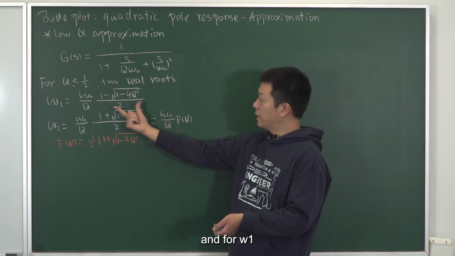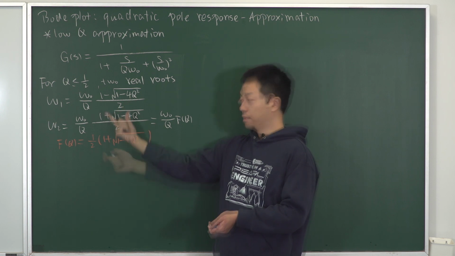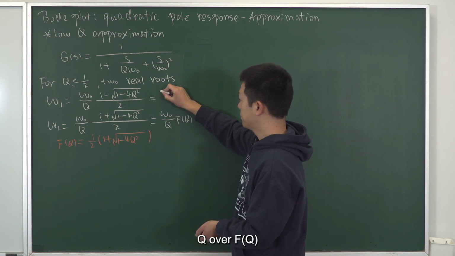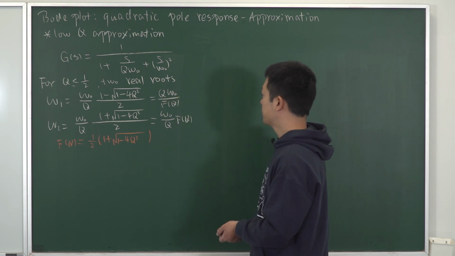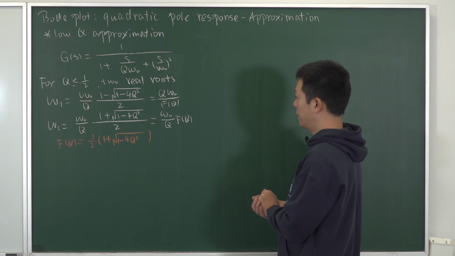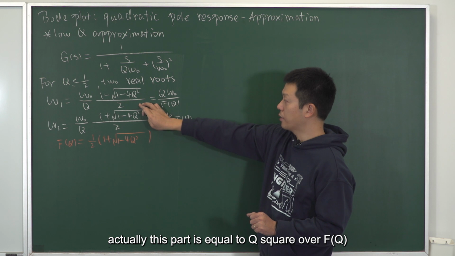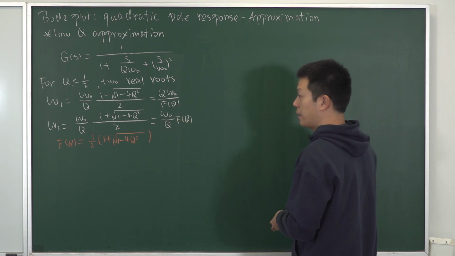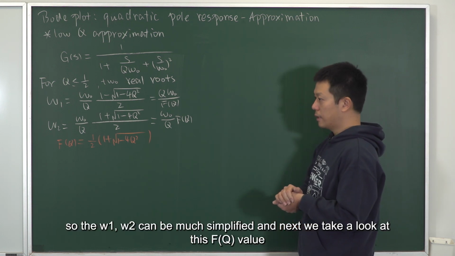And for omega 1, this part can also be equal to 1 over F(Q), so this is Q squared over F(Q), and then omega 1 would be Q omega 0 over F(Q). So omega 1 and omega 2 are much simplified.